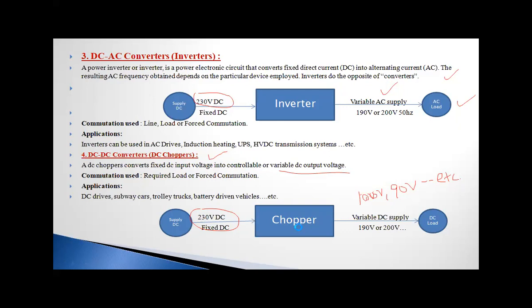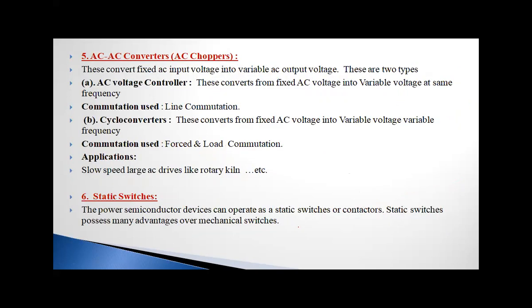Next, the fifth one is AC to AC converters, in bracket AC choppers.